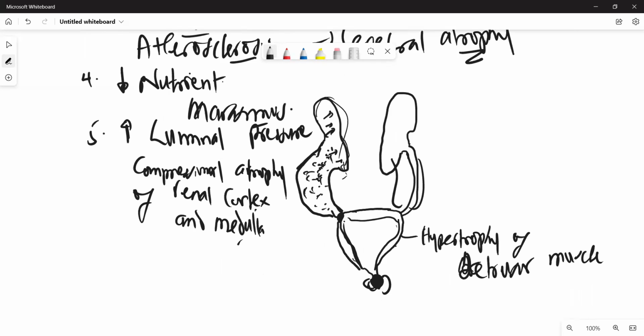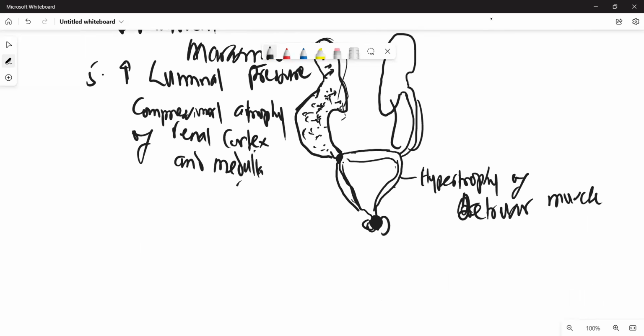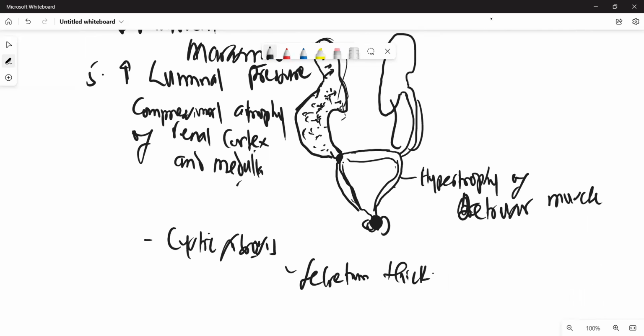And the last example under increased luminal pressure is in the case of cystic fibrosis. In cystic fibrosis, what we see is that their secretions are very thick. So for instance, inside their pancreas, let's say this is the pancreatic duct.